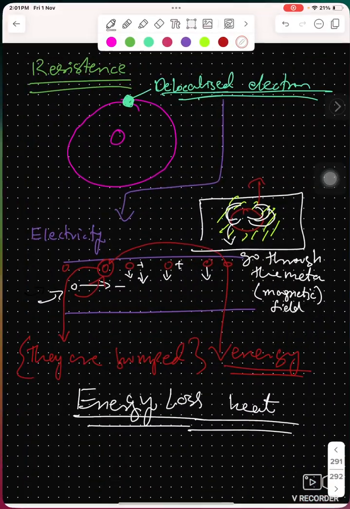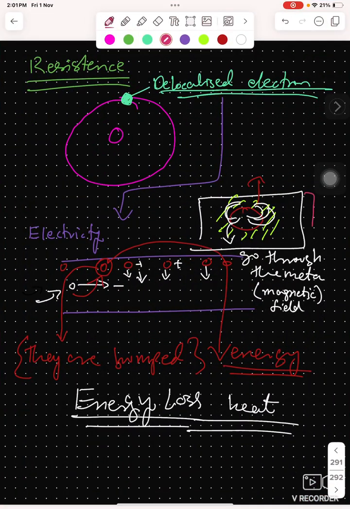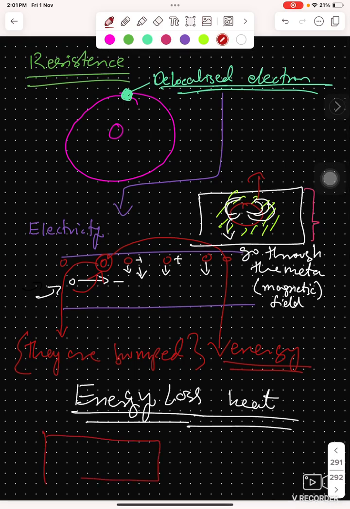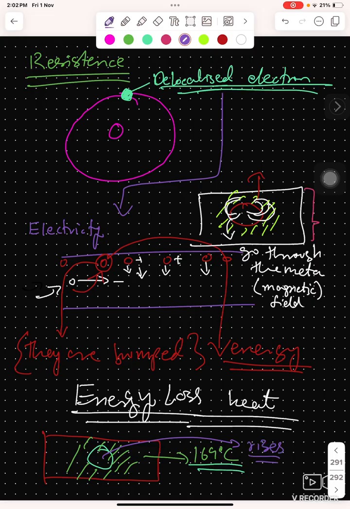So this is the case, but if you have the same metal with a superconductor on it, and we decrease the temperature to minus 169 degrees Celsius, what you will see is that the superconductor rises and the field doesn't go through the metal.